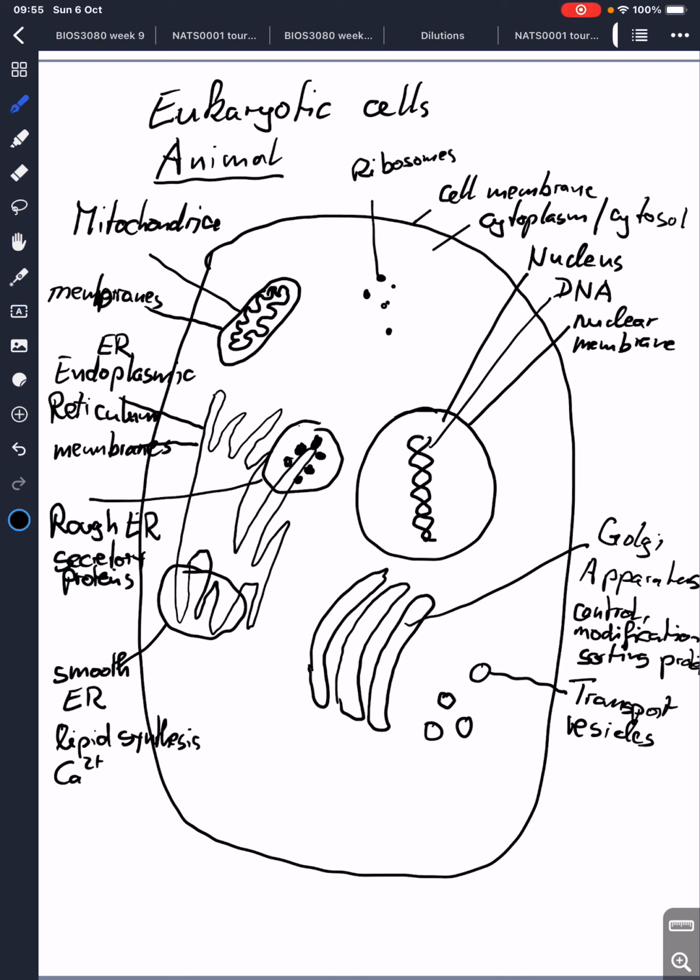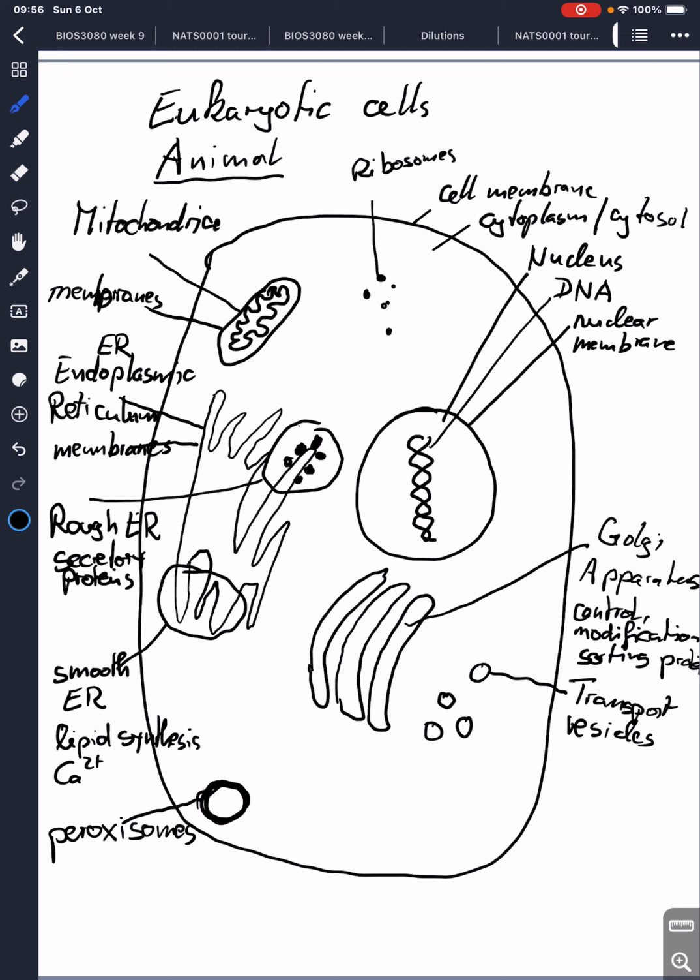We also find other compartments which have membranes. So, for example, we have compartments called peroxisomes. These peroxisomes have, again, a lipid bilayer membrane.